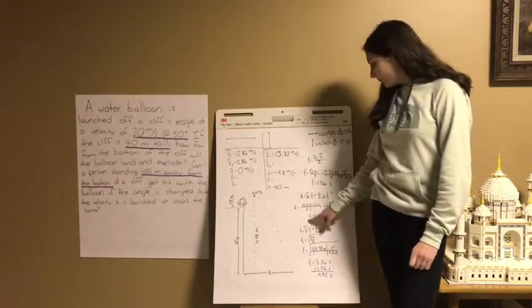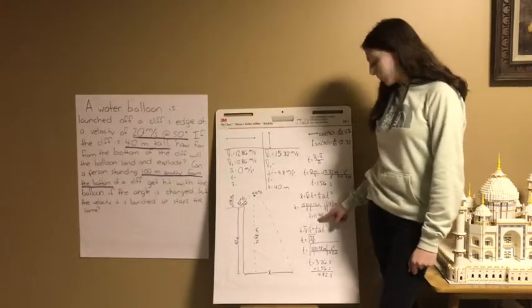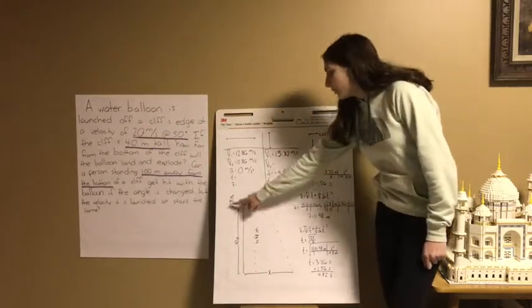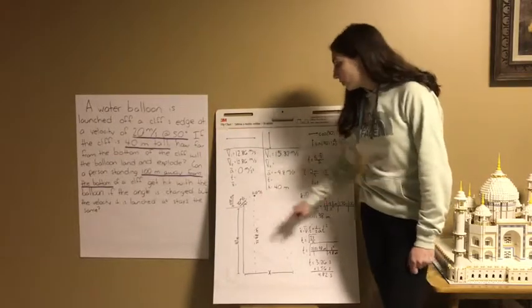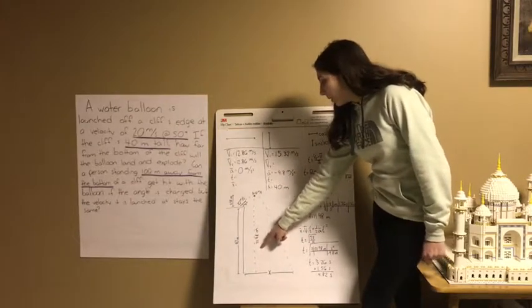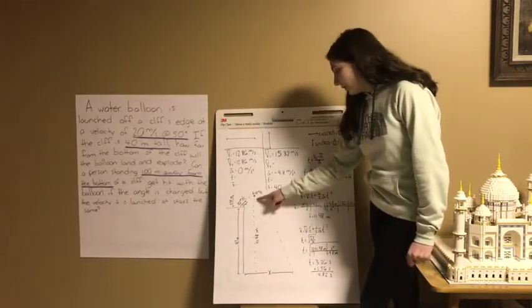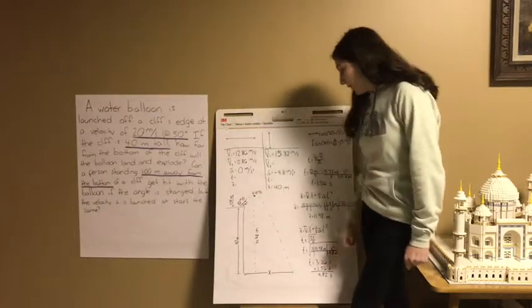That gives us a displacement of 11.98 meters. So from here to here, vertically, is 11.98 meters. That means the total displacement from the very bottom of the ground to the highest point is 51.98 meters. All we have to do is add those two to find that.